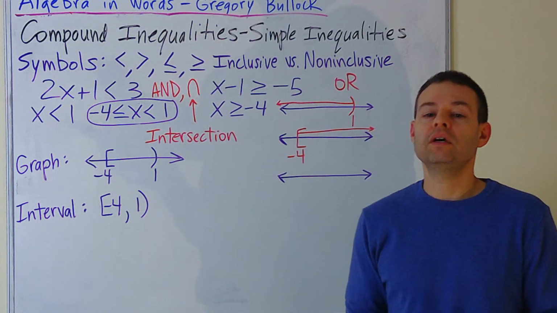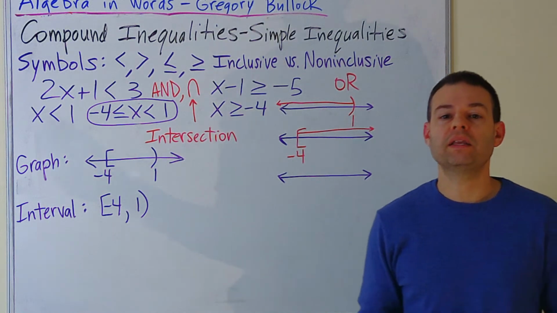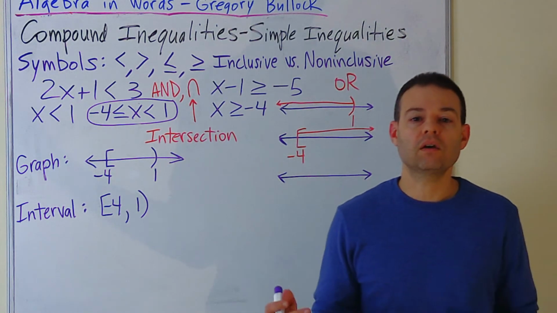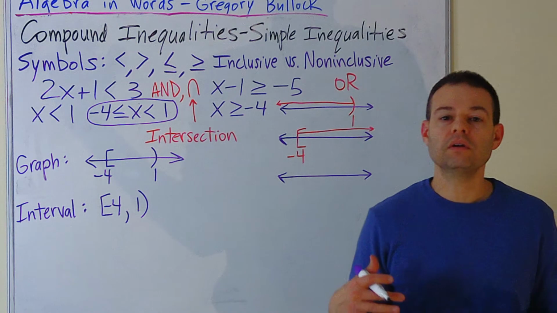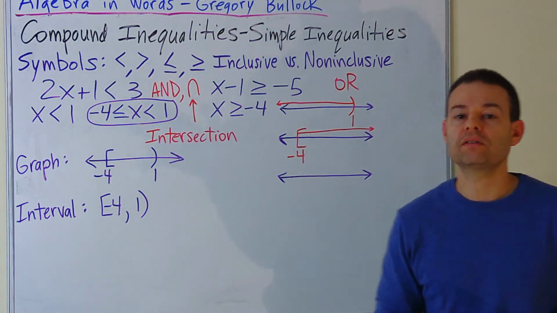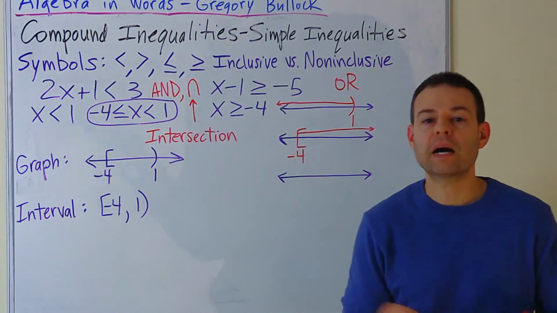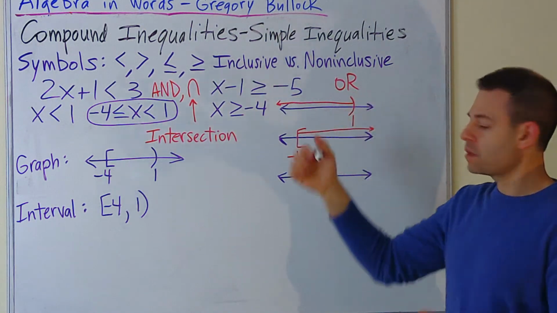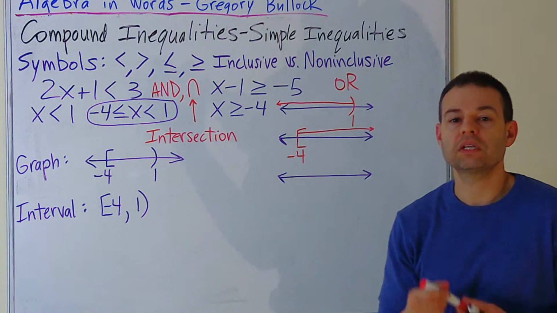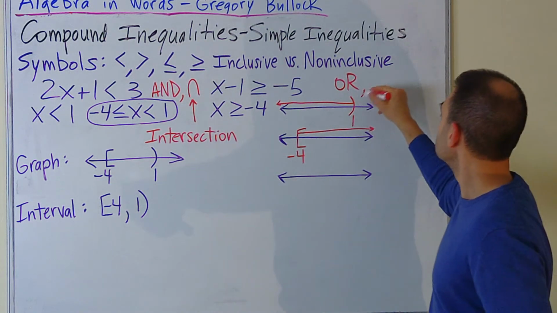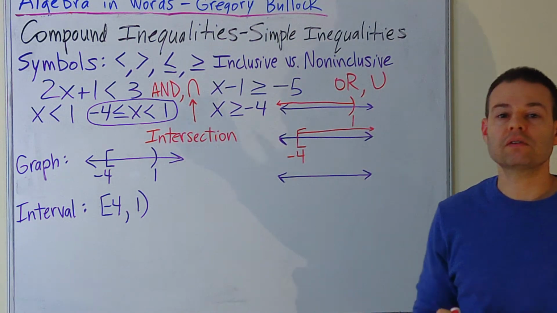So basically, when you report a compound inequality that is or, you're taking all of the values of all the simple inequalities and their graphs, no matter what. Okay, you're combining them. Or, the symbol for or looks like U. So you'll see that symbol in the book.